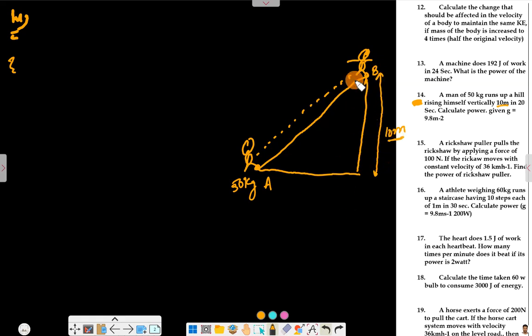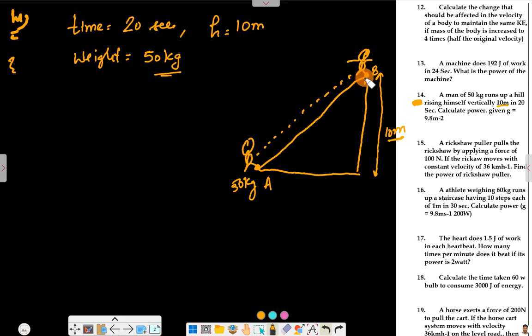So this is our y-axis and this is the x-axis. And the time he took is equal to 20 seconds. So time is 20 seconds, height is 10 meter, and his weight is equal to 50 kg.